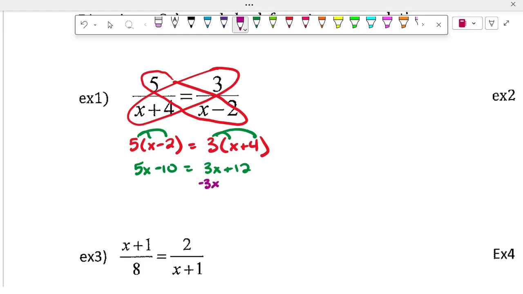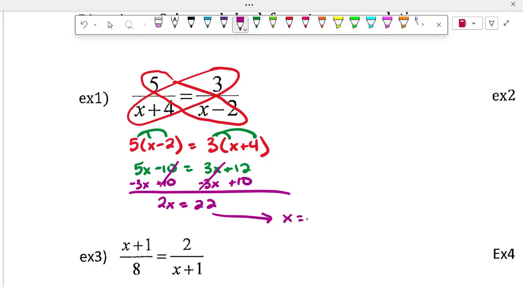Subtract the 3x to one side, add the 10 to the other. So this will be 2x is equal to 22. So what's x equal to? 11. Now, do a quick check back in for the x's in the denominator. 11 plus 4, that's obviously not 0. 11 minus 2, obviously not 0, so it works. So that's what I mean by do a quick check for extraneous.